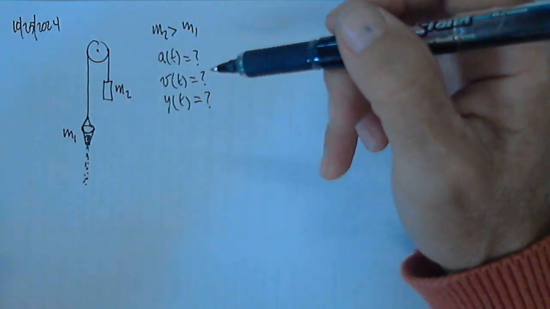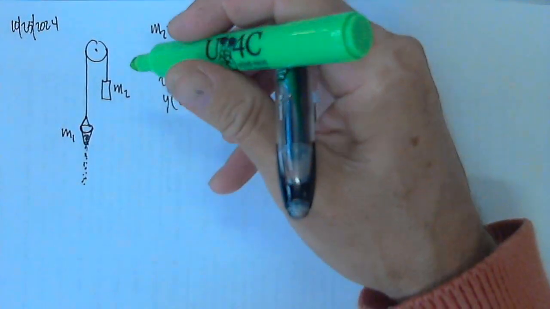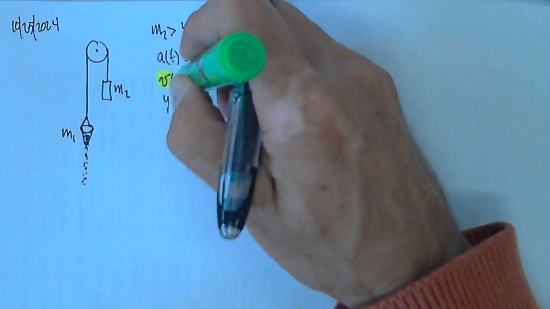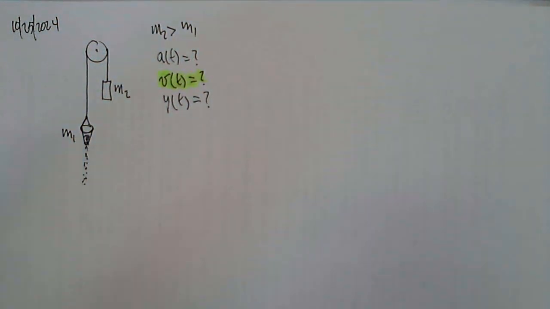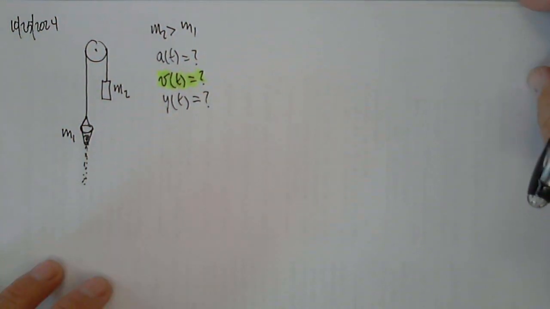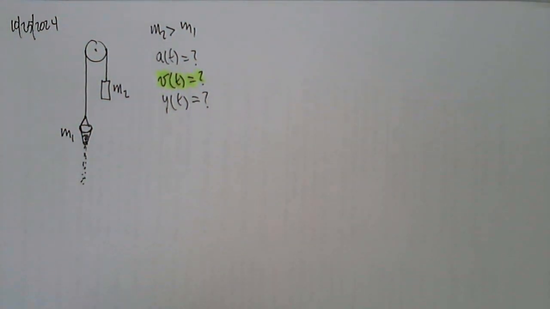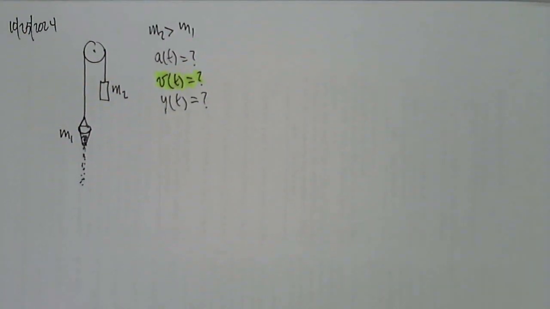We are going to see that the velocity is easier to find. The velocity of M1 is the easiest one to find first.